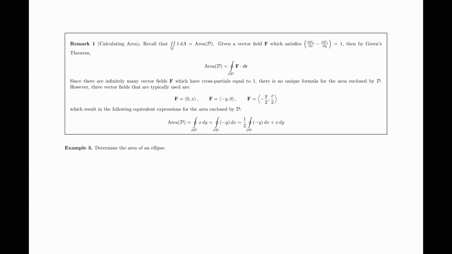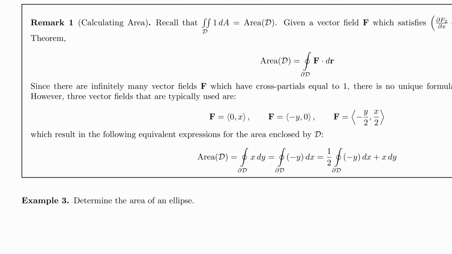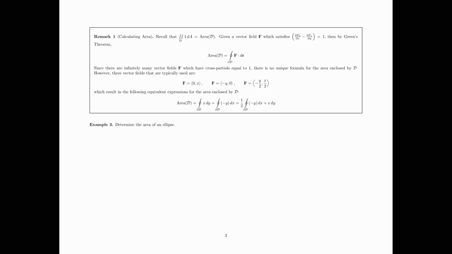So it is possible to calculate area using a line integral. We would do this by relating a double integral to a single integral, a line integral, which is Green's theorem. Remember early on that when you take the double integral of the function 1, normally we think of a double integral generically as a two-dimensional domain D, a function of two variables, let's say f of x, y, and then you integrate.